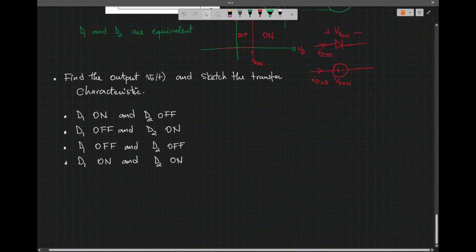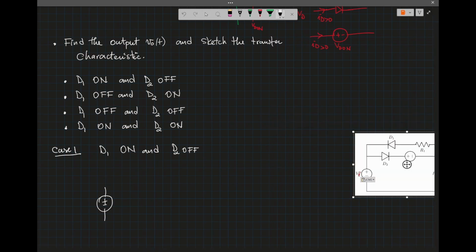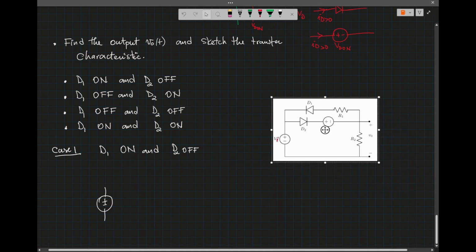So case number 1, when D1 is on and D2 is off. I'm going to redraw the network. I'm going to paste the network over here so I can see how the diodes are positioned.